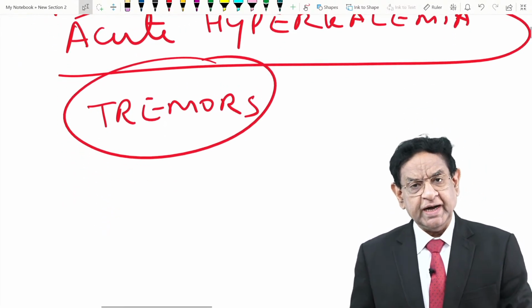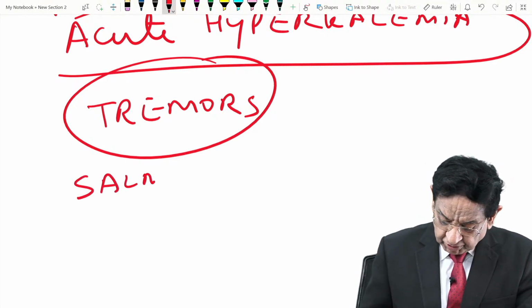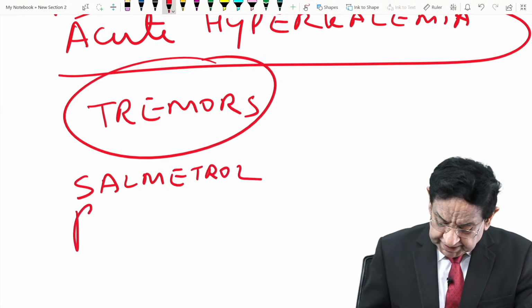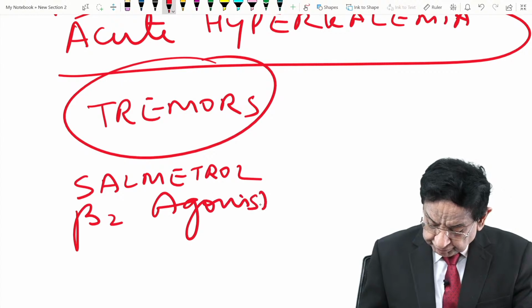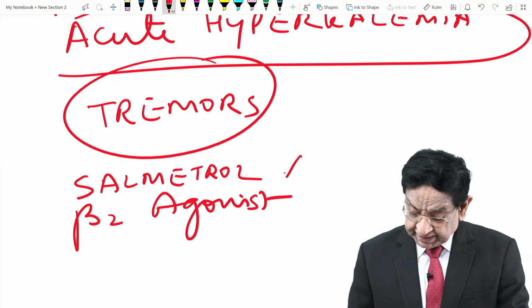So we are talking about various drugs that we use in the treatment of acute attack. Now I would like to talk about another very commonly asked question. We have a drug called salmeterol. It is again a beta 2 agonist, but it is not used in acute attack.